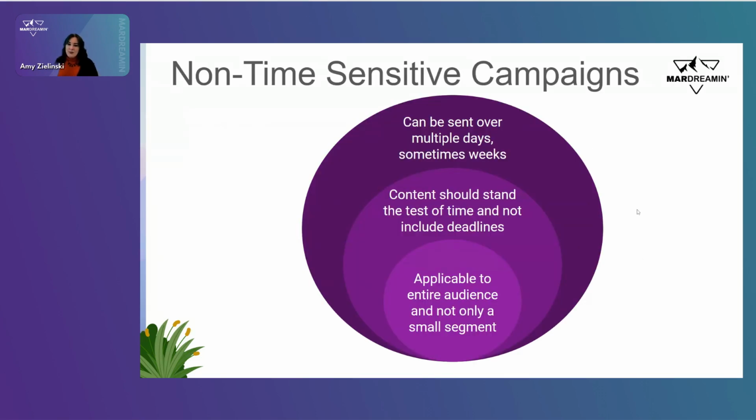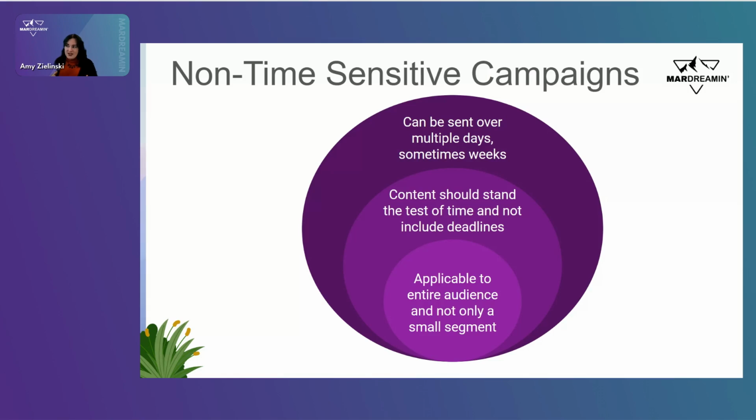A non-time sensitive campaign looks like a campaign that can be sent over multiple days, sometimes even weeks, depending on how large your list is. You need to ensure that you can get through all of the subscribers that you need to, for your active audience or your semi-active audience, in the time frame that this email will still be valid.